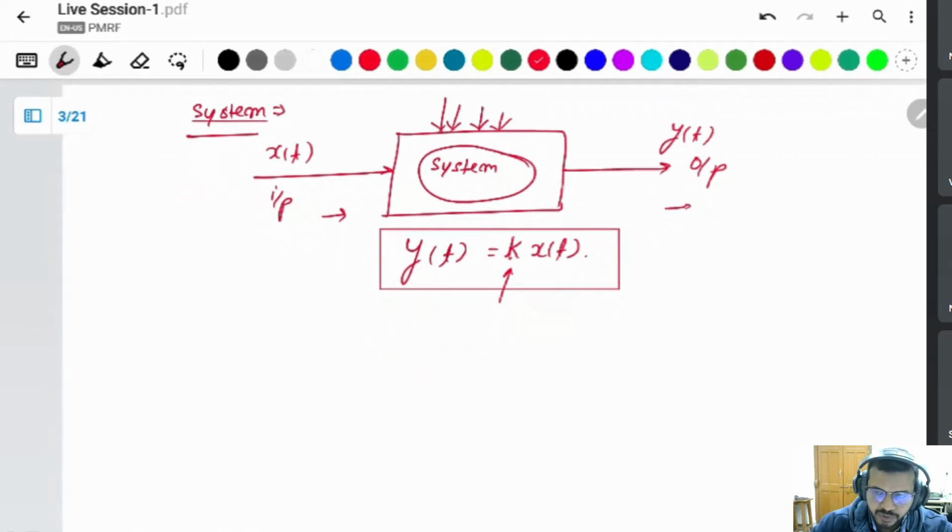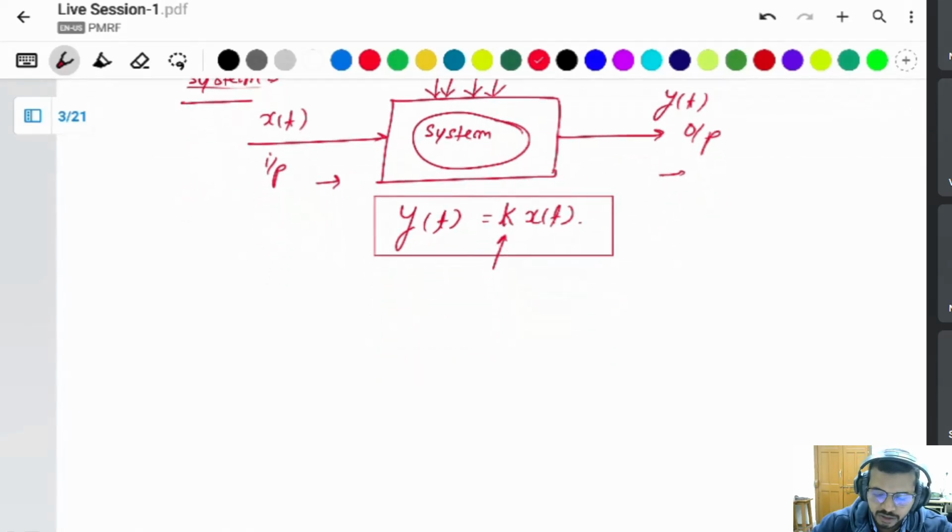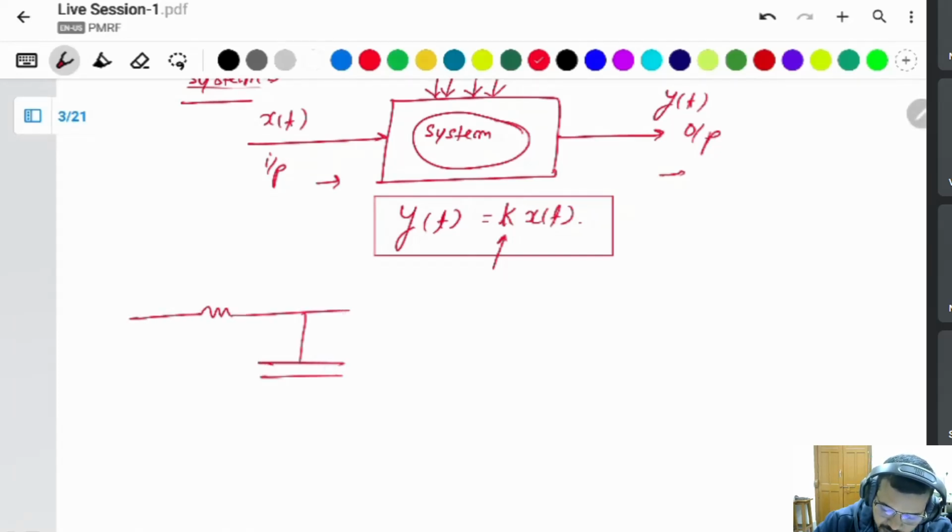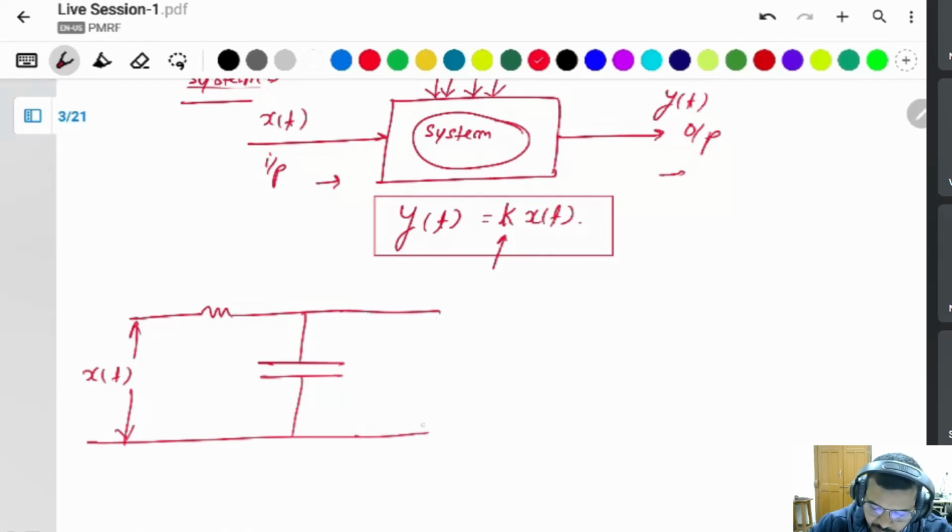Like, simply, if you see an RC circuit, a simple RC circuit, you give the input here x(t), then you will get the output here like y(t). This is the input, this is the output. You know, the Laplace of this is 1 by sC.